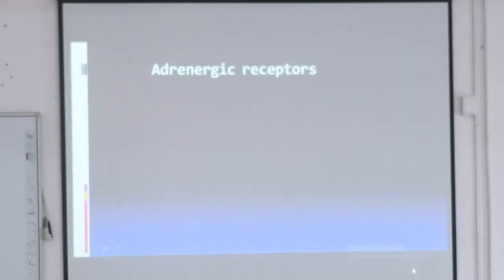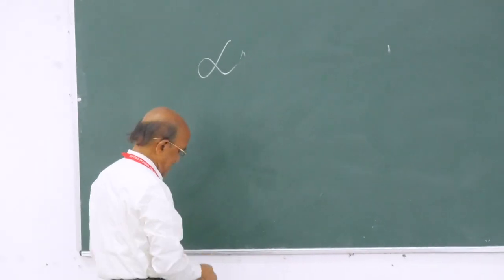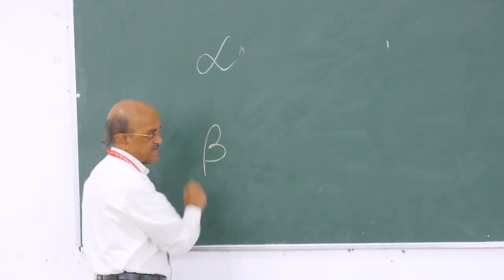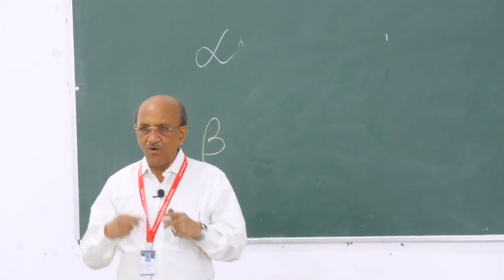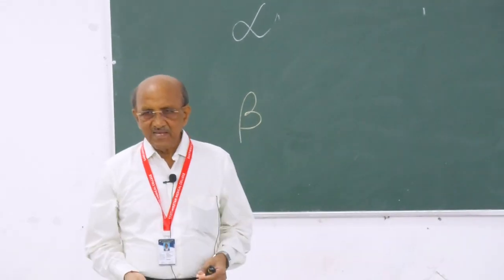Next are the receptors. For all, you have to know there are two types of receptors, alpha and beta. Alpha is mainly excitatory.